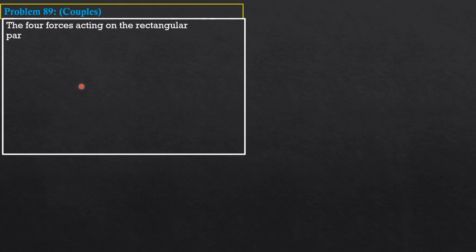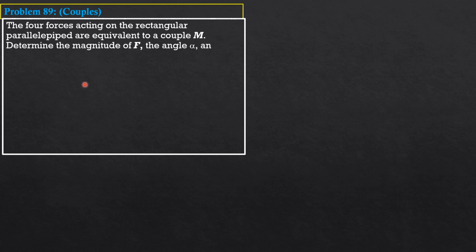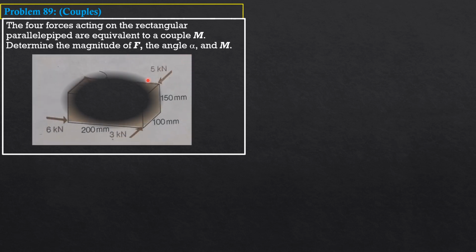Problem 89, still on couples. The four forces acting on the rectangular parallelepiped are equivalent to a couple M. Determine the magnitude of F, the angle alpha, and M. So here is the given figure. These are the four forces.